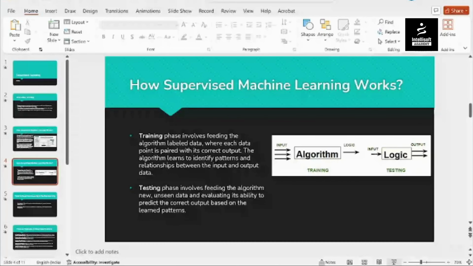Then disease prediction. In disease prediction, we give data where there are people suffering from that disease, and then there are people who are not suffering from that disease. So the machine learns to analyze the differences between a person with the disease and a person without that disease.